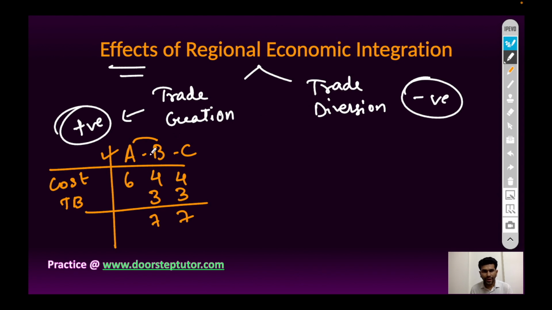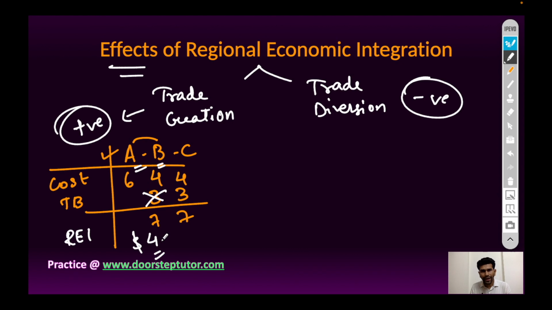So if A is in regional economic integration with country B, then there will be no tariff barrier. So the cost will be $4 only. If country A imports goods from country B, then the cost of product will be $4.